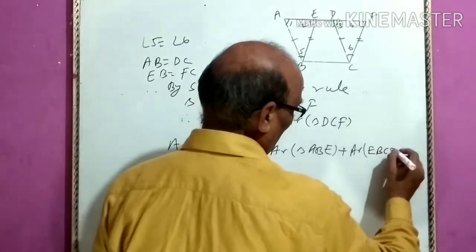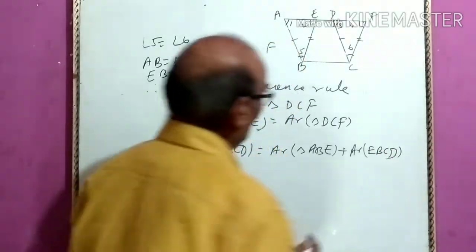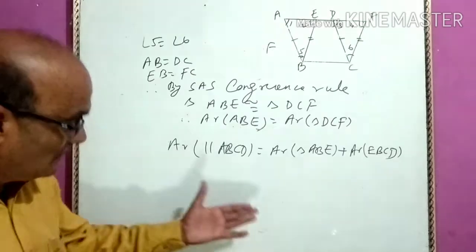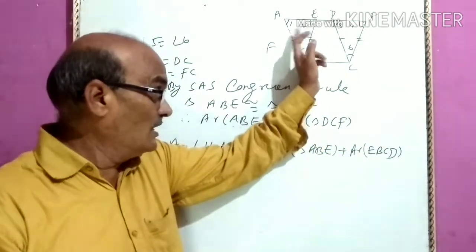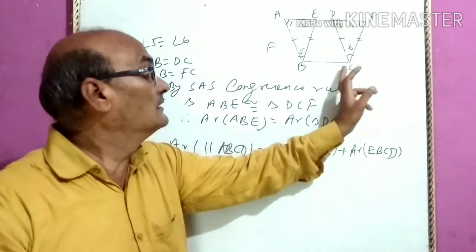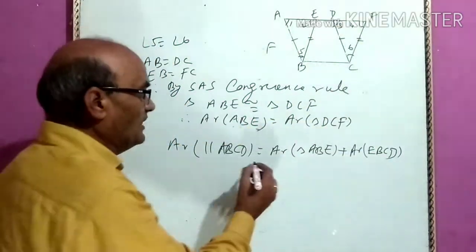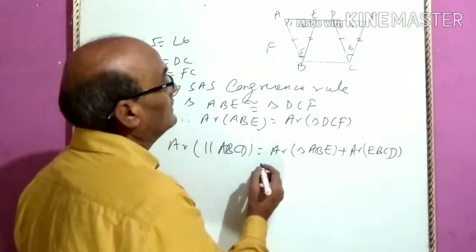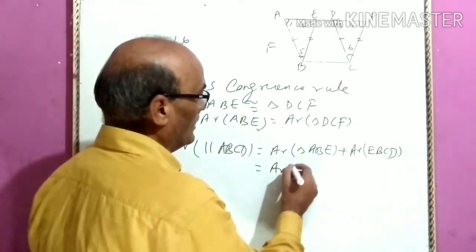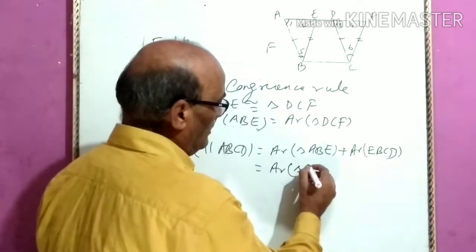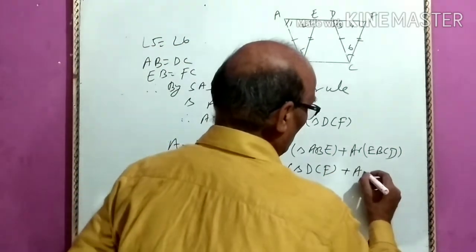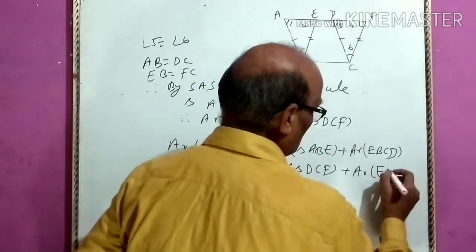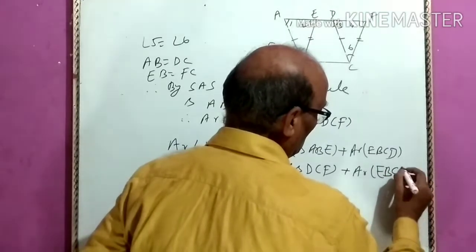EBCD. Okay. But I have proved that area of triangle ABE is equal to area of triangle what? DCA. So we can replace this by DCA. Area of triangle DCA plus area of the quadrilateral EBCD.